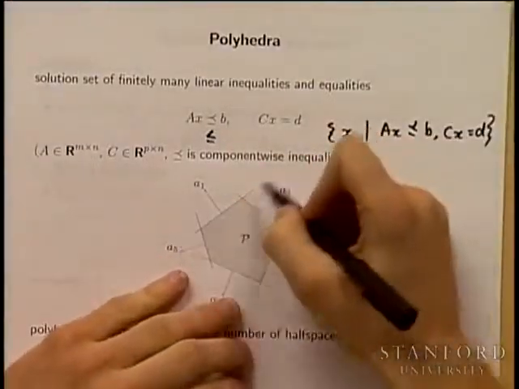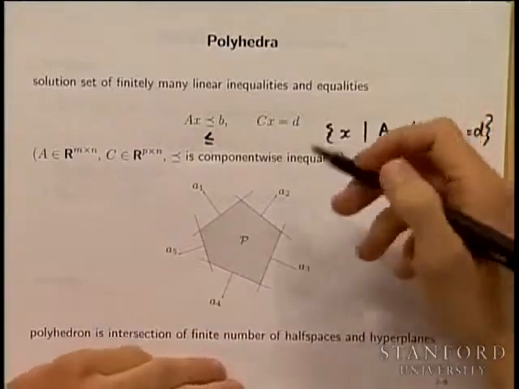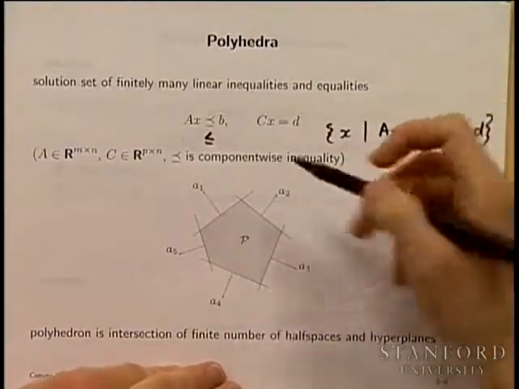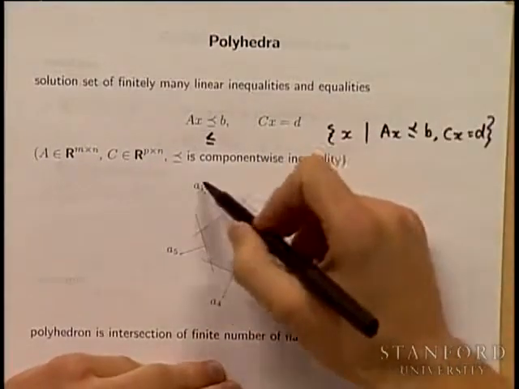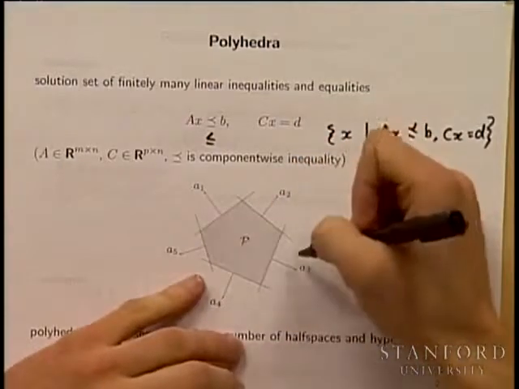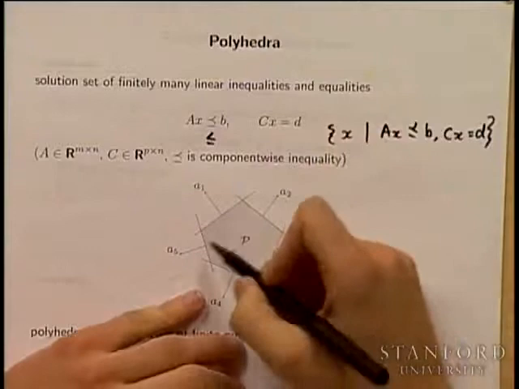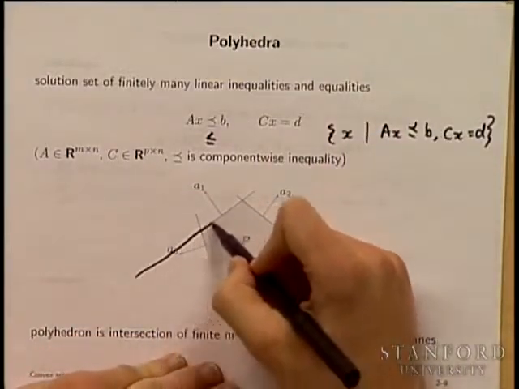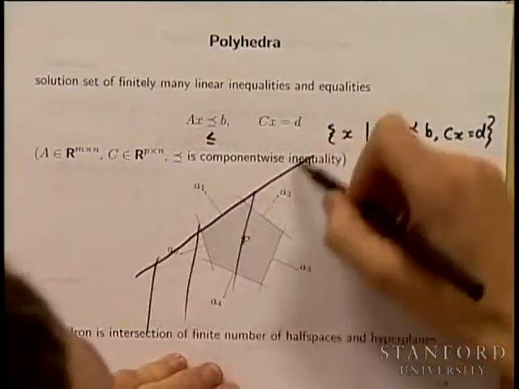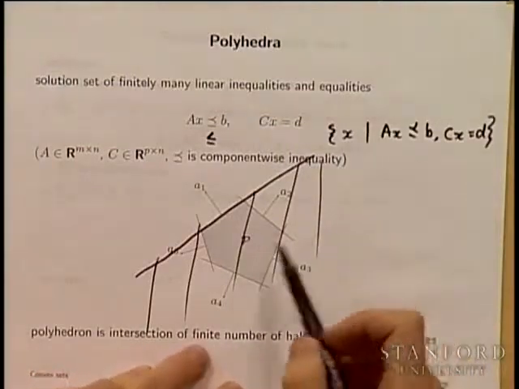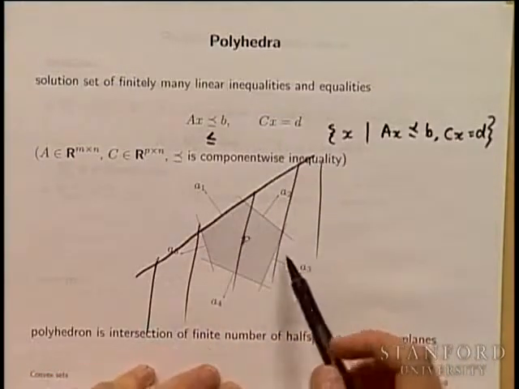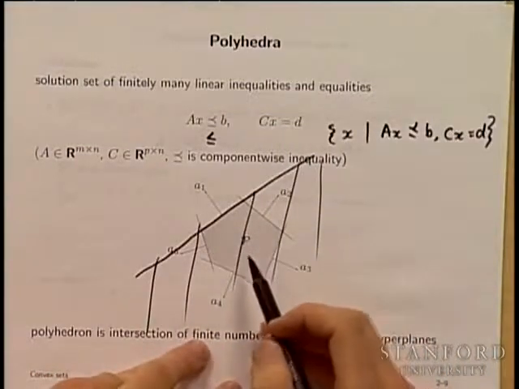So this is one example of a polyhedron here. This is an intersection of a finite number of half spaces and hyperplanes, and so in this particular case we've got 5 half spaces defined by these normal vectors a1 through a5. And you can think of this here as the half space defined by a1. So if you find the intersection of these 5, you'll discover that it's this shape here.